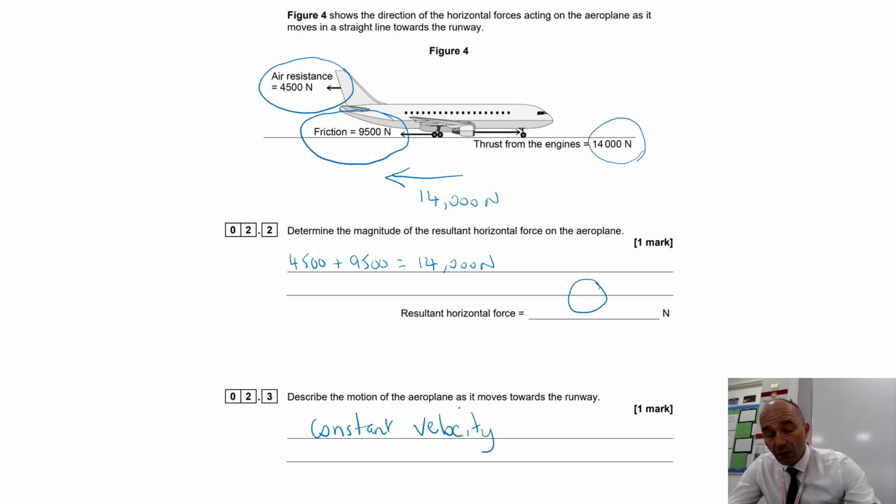Remember, if we've got 0 resultant force, we've got one of two options. Forces are balanced, we're either going to have the plane stationary or it's going to be moving at constant velocity. Because the plane is already moving, we know that because we've got the frictional force between the tyres and the runway. It means that we're already moving at constant velocity.